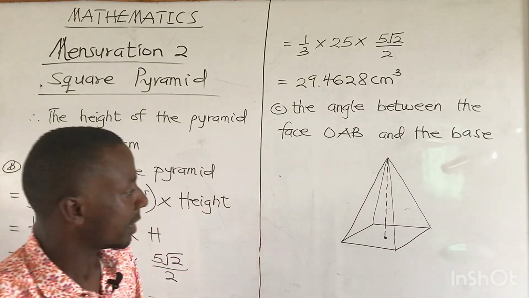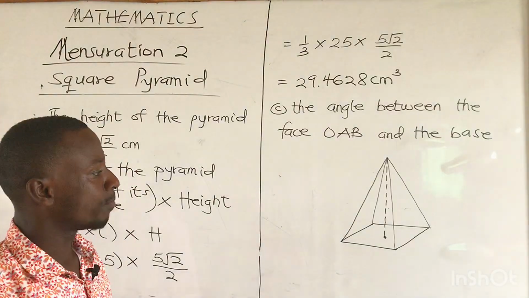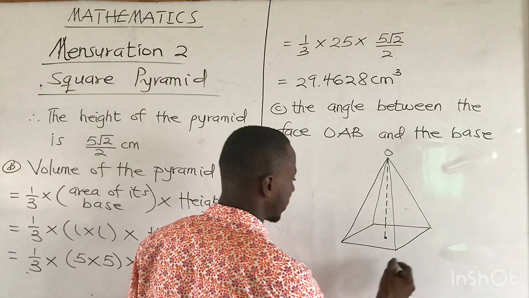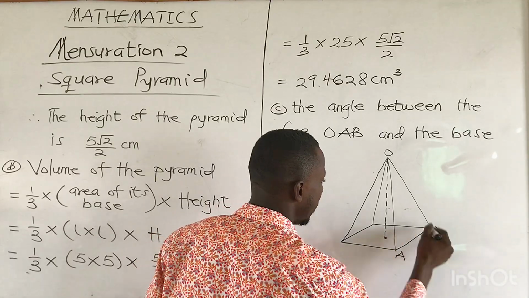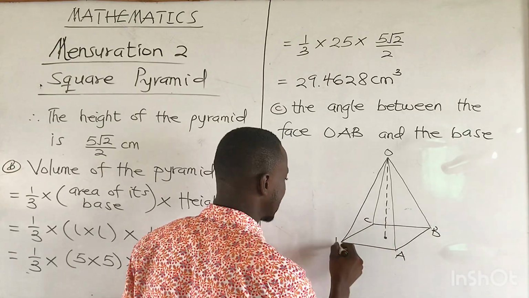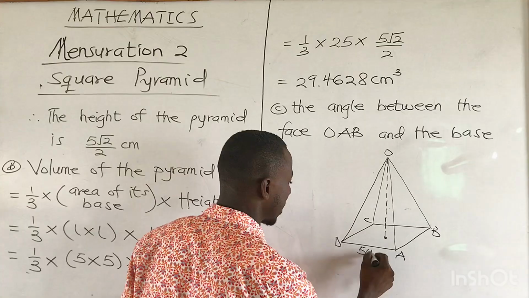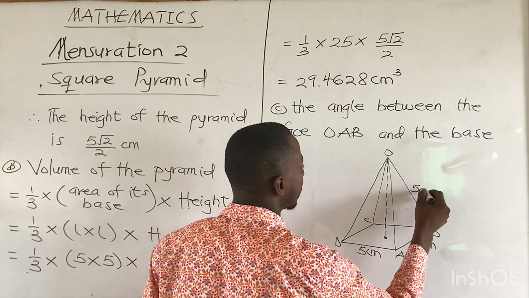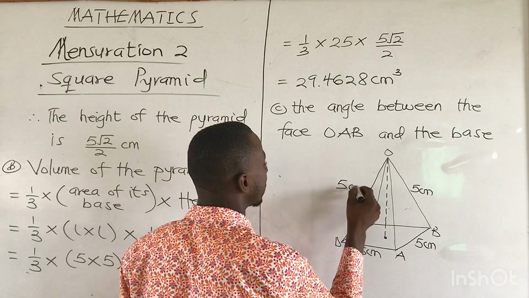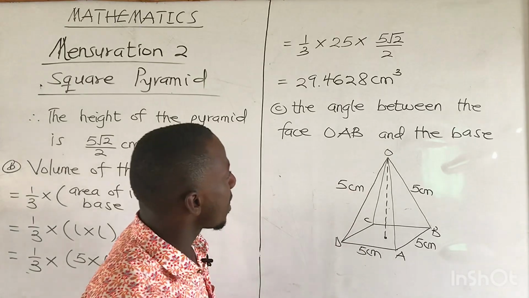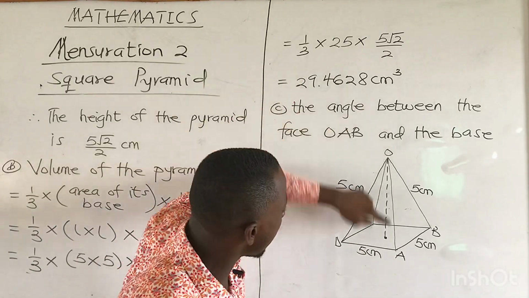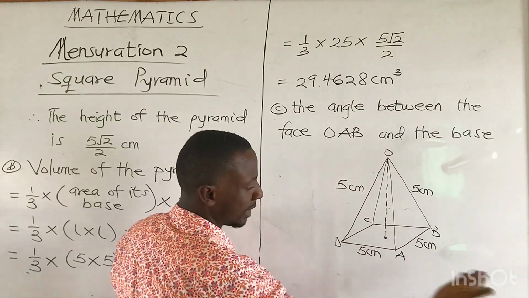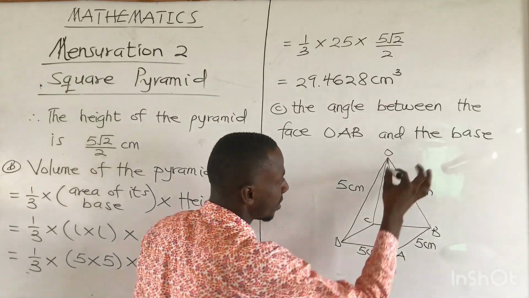So this is our square pyramid. So we have vertex O, we have sides A, B, C, and D. This side is 5 centimeters, another 5 centimeters, another 5 centimeters, and 5 centimeters. Now we have face OAB, which looks like this, and the base also looks like this.